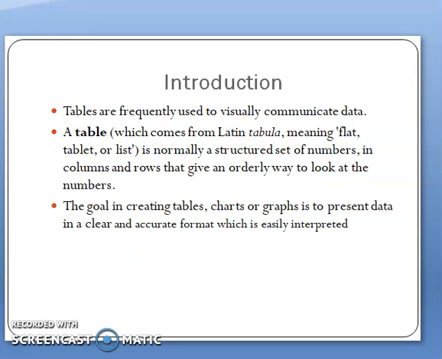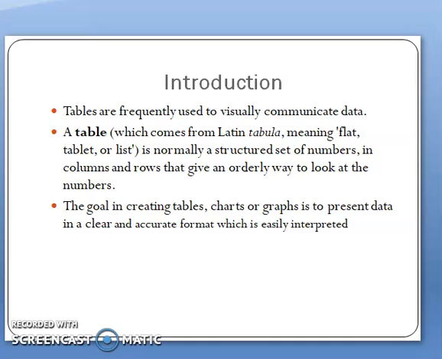What is a table? Tables are frequently used to visually communicate data. A table, which comes from Latin tabula, meaning flat, tablet, or list, is normally a structured set of numbers in columns and rows that give an orderly way to look at the numbers.